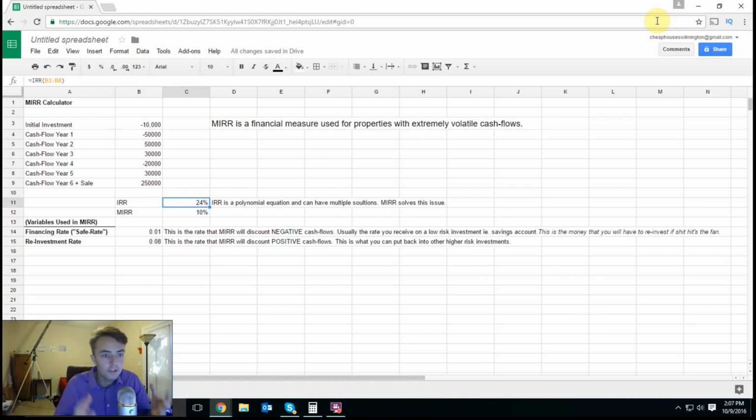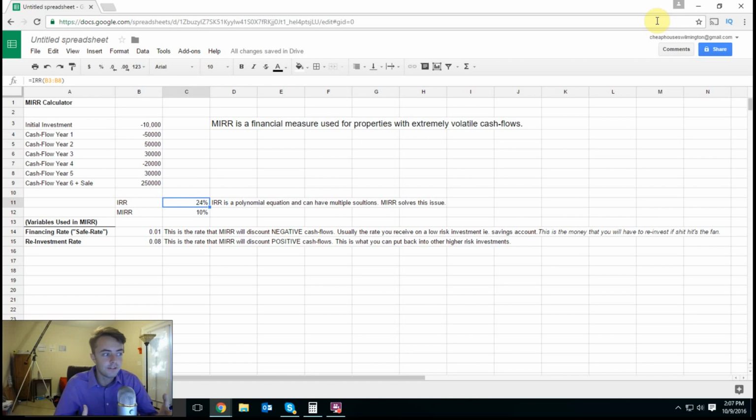So what some really smart people did is they created modified internal rate of return. In doing that, they added two variables to the internal rate of return to make it less prone to screwing up and throwing out a return that just isn't realistic.